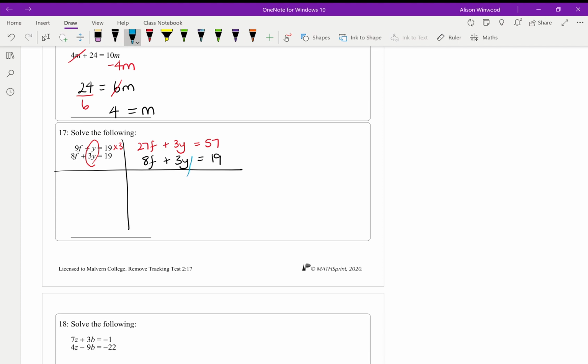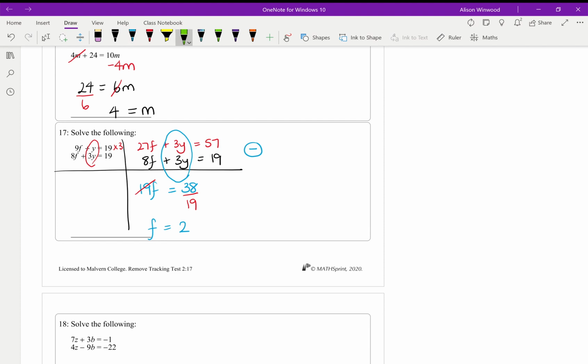Then both equations have got 3y in them, so I can do a subtraction. 27f subtract 8f is 19f, and 57 subtract 19 is 38. Opposite of multiplying by 19 is to divide by 19, so I get f equals 2.